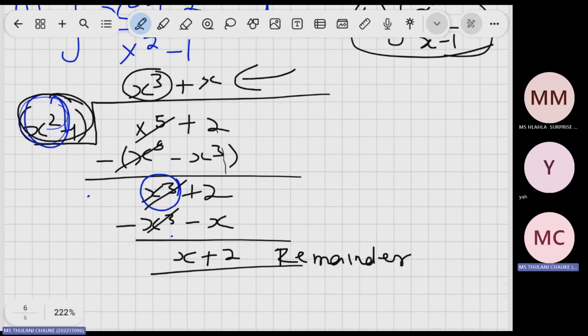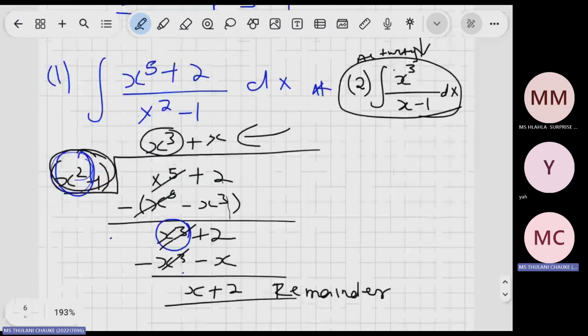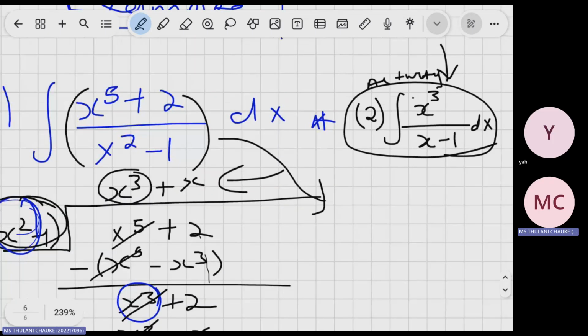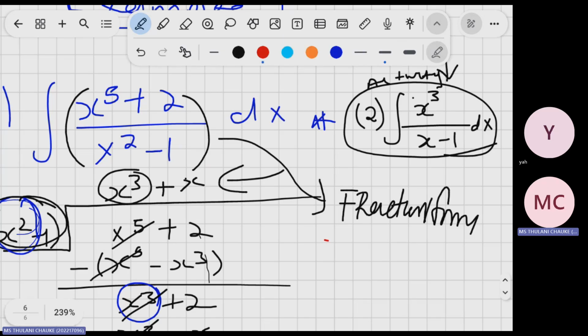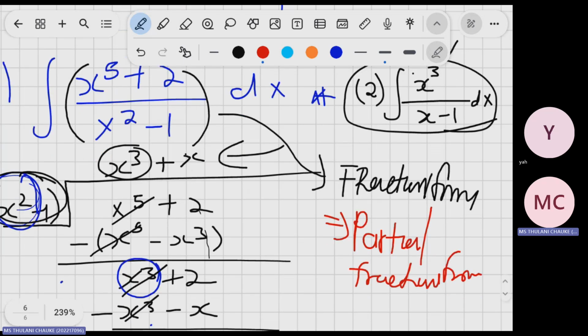So you must change this. This is in a fraction form, né? You must write it to its partial fraction form, which is what we'll write now.